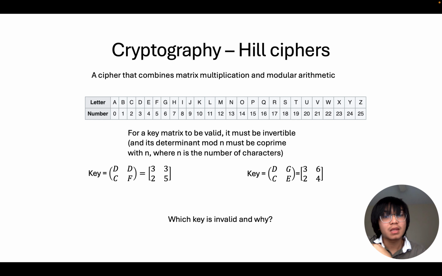Looking at what we know about determinants, the key on the right is not valid because its determinant is 0 and it is therefore not invertible. Let's think about why this doesn't work by using the same logic we had with the [[1, 1], [1, 1]] graph. Let's say we had two different messages and we wanted to encode them using this cipher.